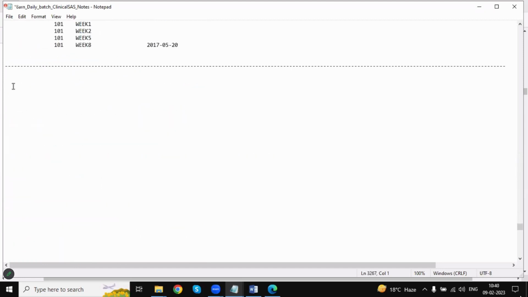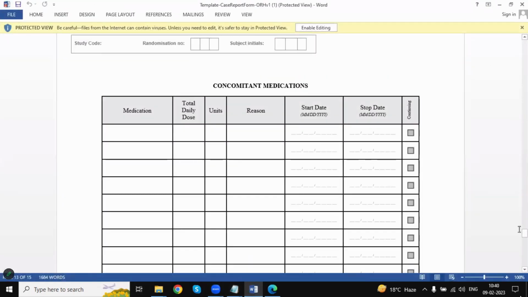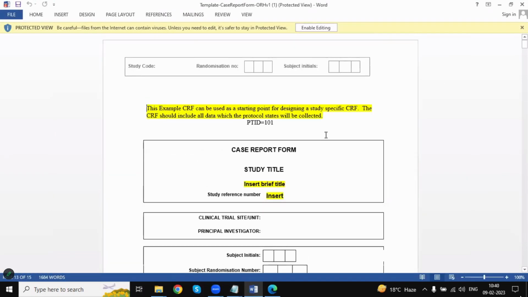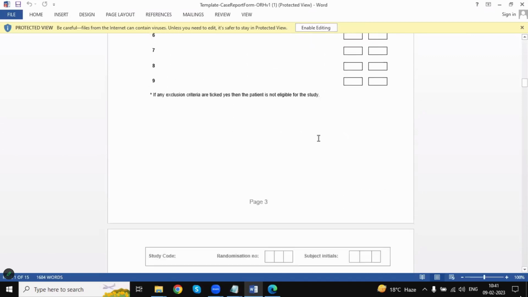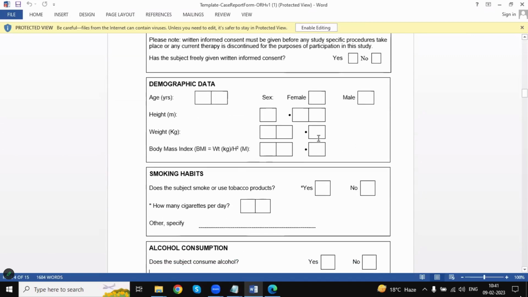The SU domain, the substance use domain. So what will this domain capture? This domain will capture the subject's habits, habitual information. For example, if the subject has a smoking habit, an alcohol habit, or a habit of taking coffee or tea.